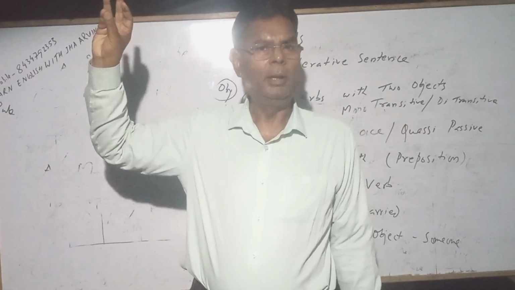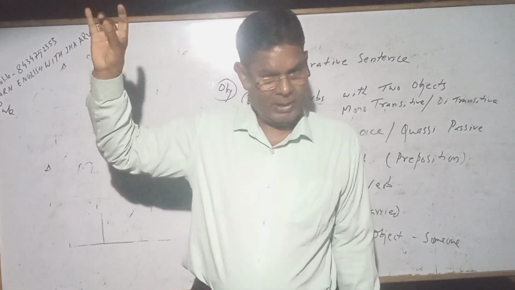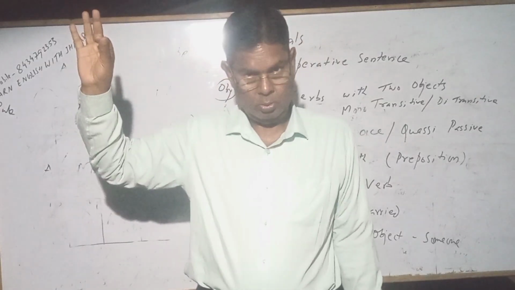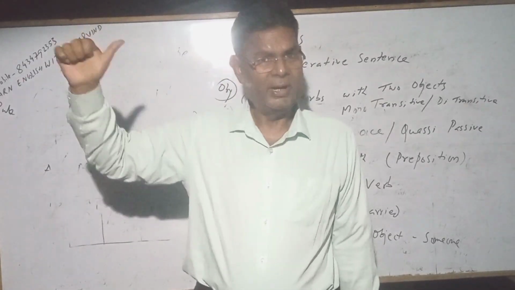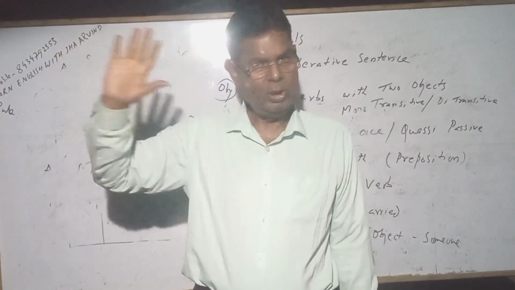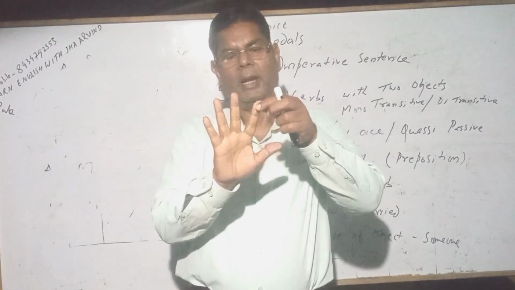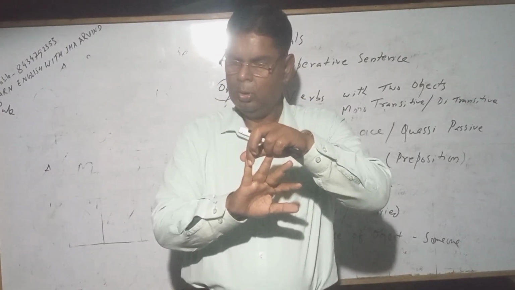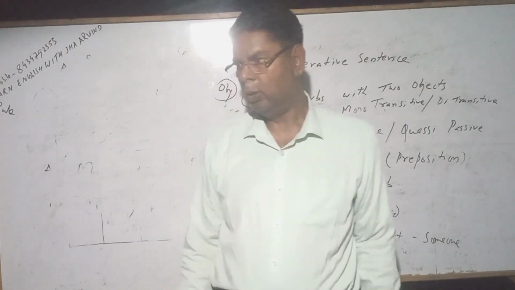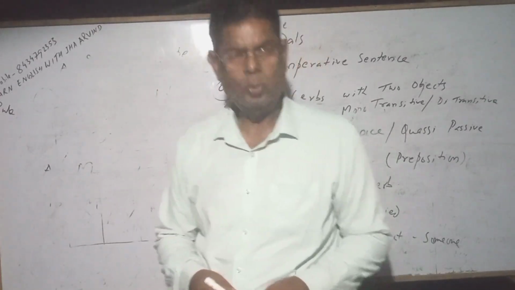Sentences having command, request, advice, order are called imperative sentences. Only four: imperative sentences contain command, order, advice, and request. Then look here. For this, you have to follow some rule.